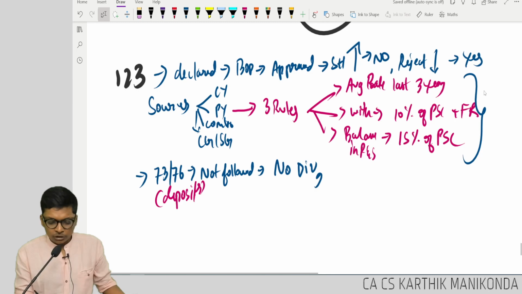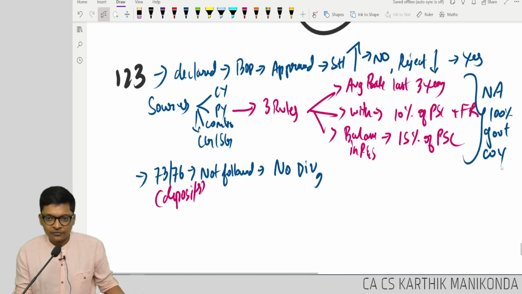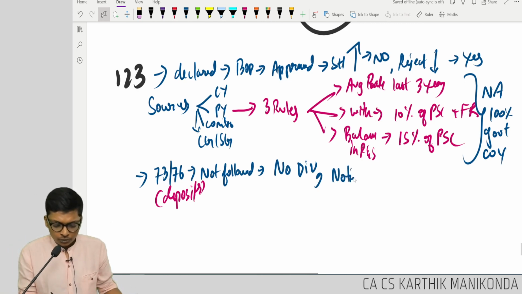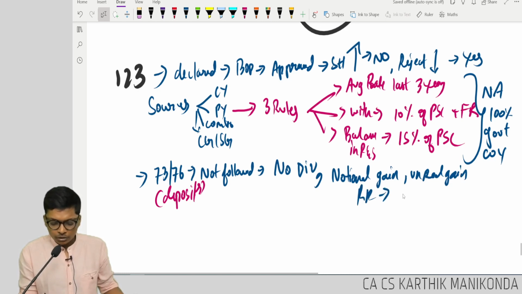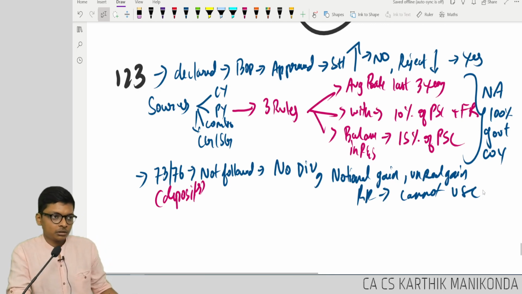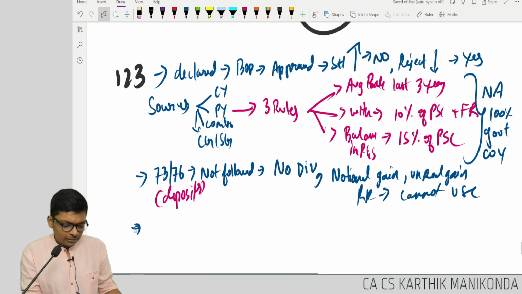Same these 3 rules are not applicable for a 100%. Write with the rules itself. Then notional gain, unrealized gain, revaluation reserve cannot be used. Correct? Cannot use. And the last point, that's it.